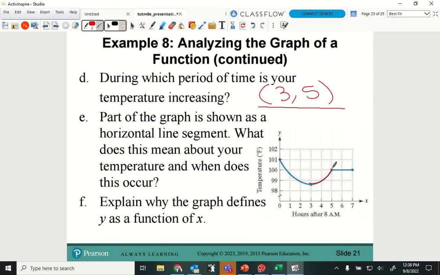E, part of the graph is shown as a horizontal line segment. What does that mean about your temperature, and when does this occur? This temperature stays the same throughout the hours. Perfect. Your temperature stays the same. But what do we know about the temperature staying the same?